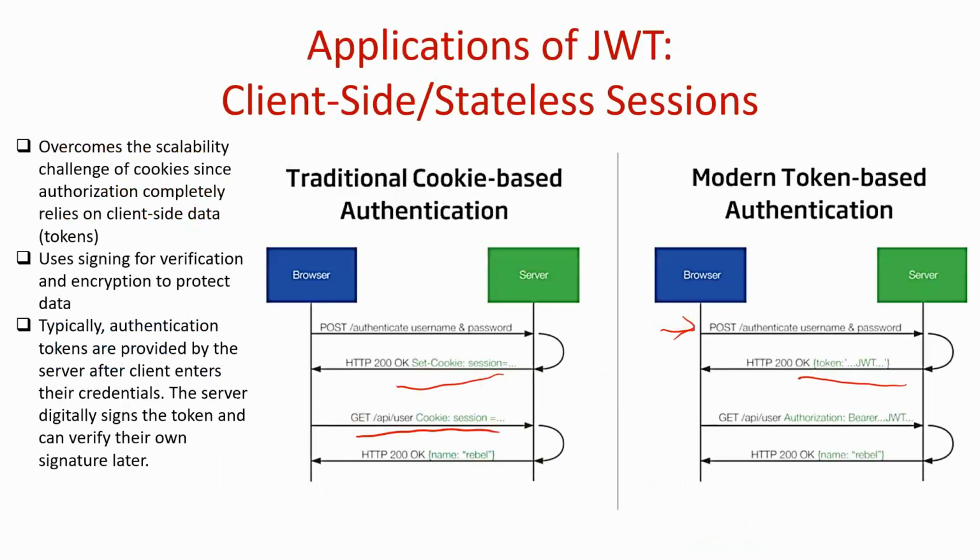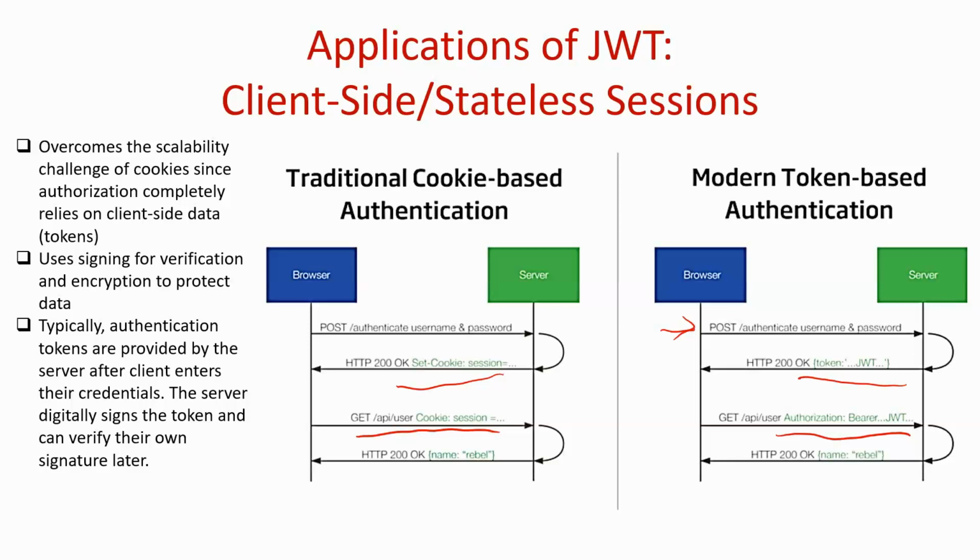Every time you want to send a request that needs authentication, you will send along with it the token as well. And the server will then verify the token. Now note here that the server generates the token and sends it to you, and you will send back the token to the server whenever you want to gain access to that server after that.